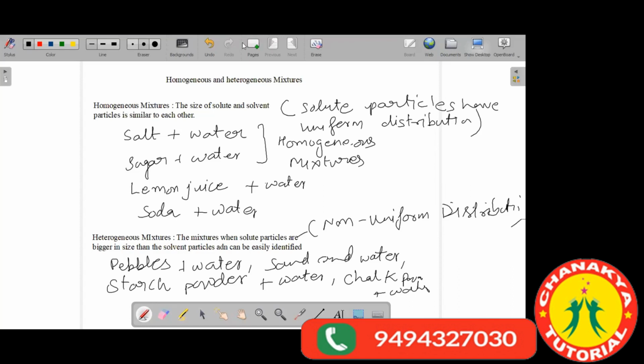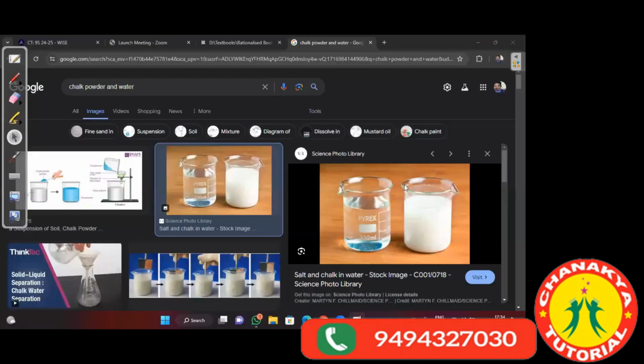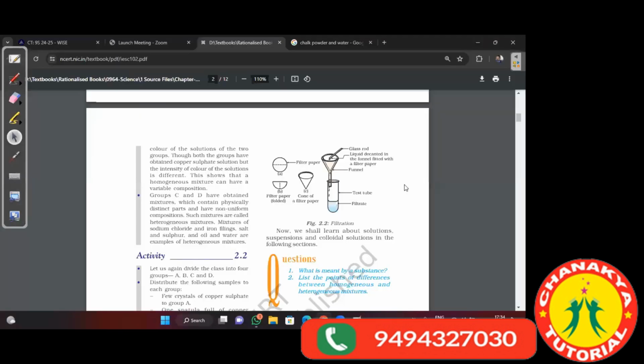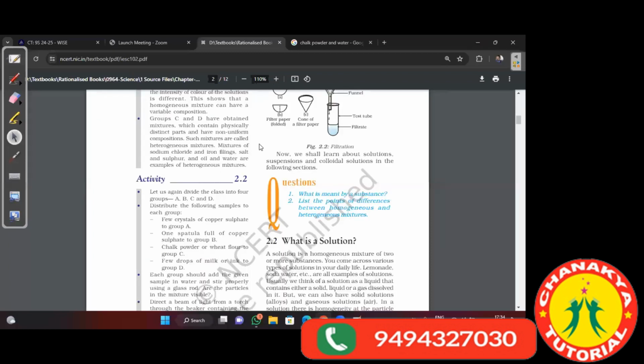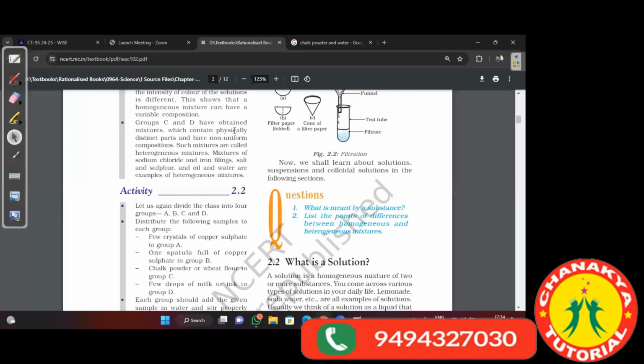Let's see some answers to these questions. What is meant by a substance? Can anyone try to answer?